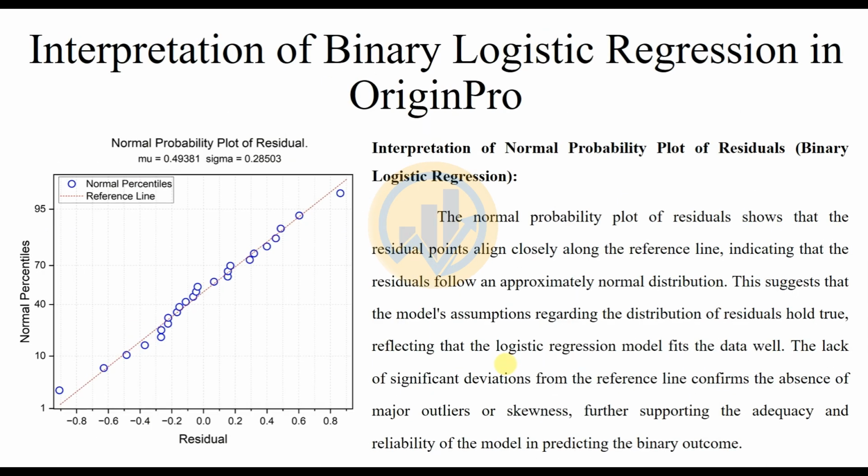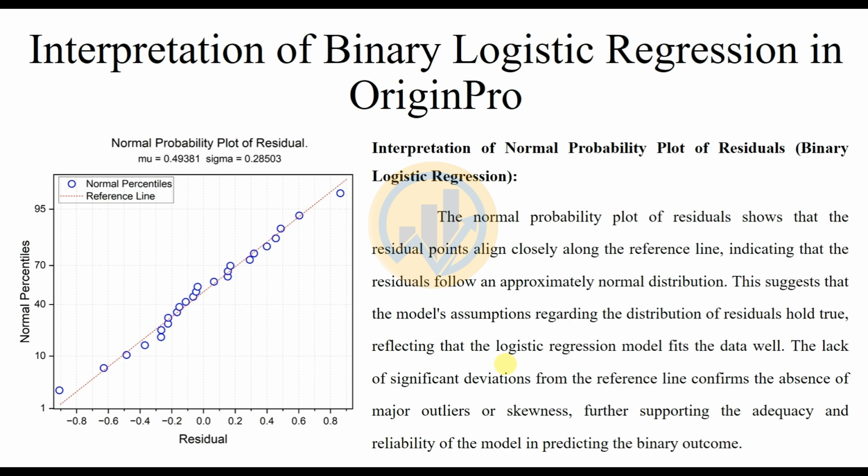The figure presents the interpretation of the normal probability plot of residuals for binary logistic regression. The residual points align closely along the reference line, indicating that the residuals follow an approximately normal distribution, suggesting that the model's assumptions regarding the distribution of residuals hold true, reflecting that the logistic regression model fits the data well.